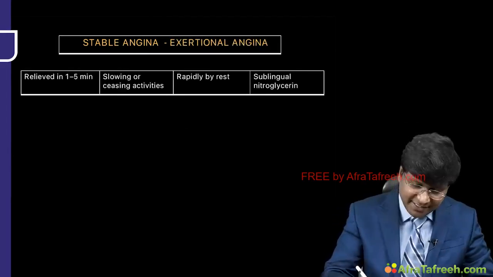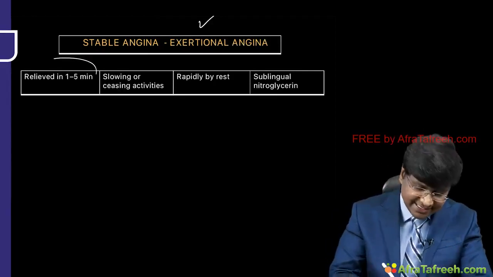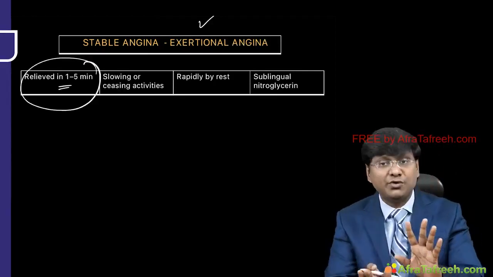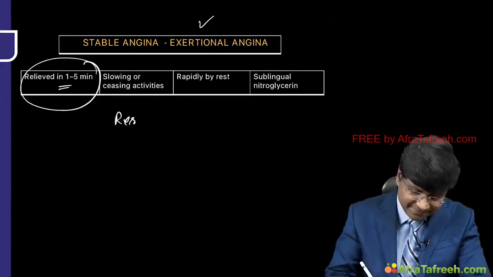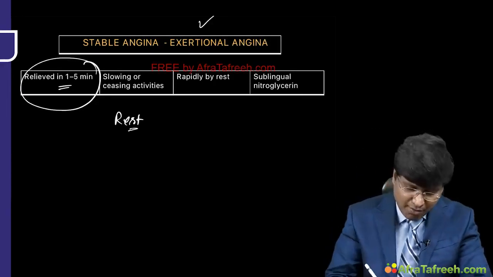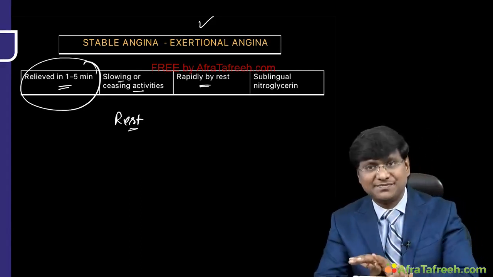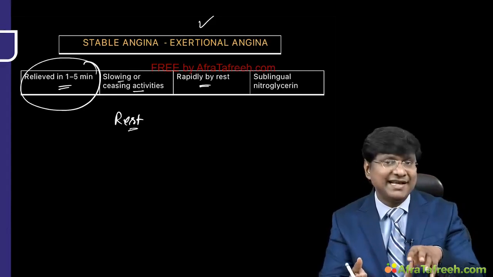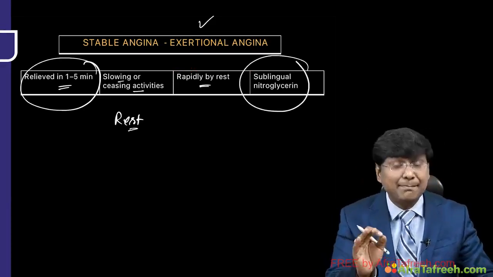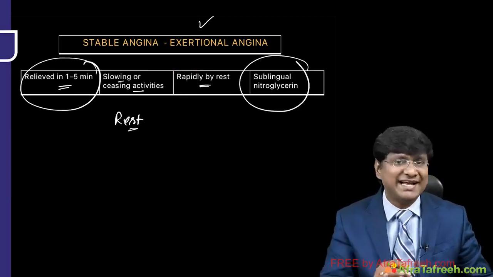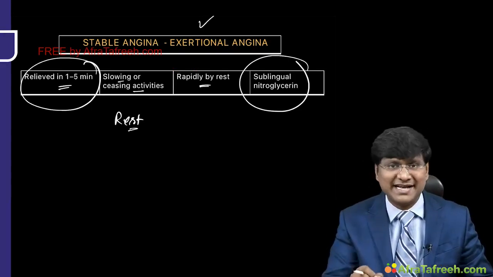And this particular exertional angina, typically it is relieved within 1 to 5 minutes. How? By taking rest, right? So by slowing or ceasing the activities rapidly by rest. Or this particular exertional angina is also relieved by sublingual nitroglycerin as well, right?